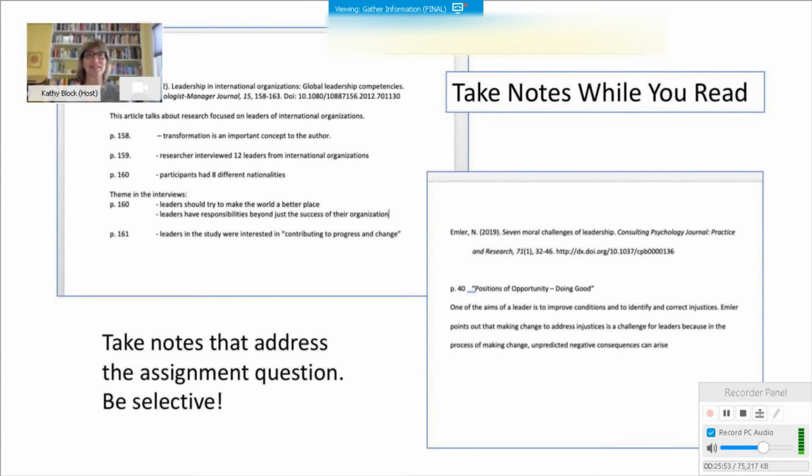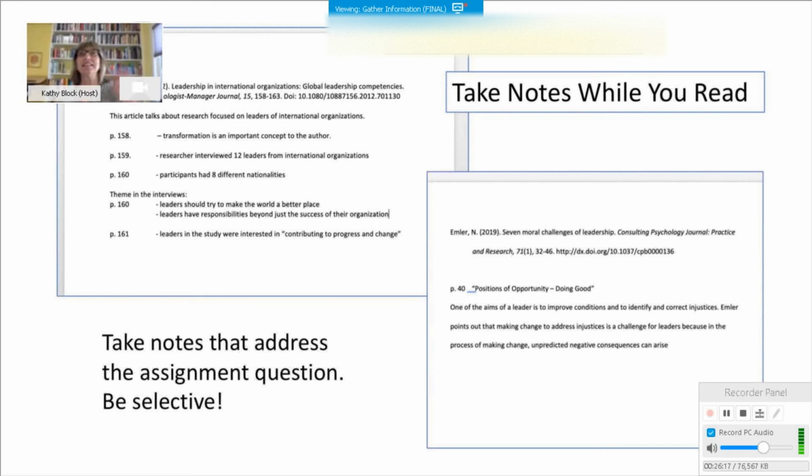So the first step for effective note-taking is to be clear about the questions you need to answer in your paper. As we saw in yesterday's workshop, these questions come usually from your writing assignment. The next step is to be selective, including in your notes those ideas from the readings that will help you answer the assignment question.